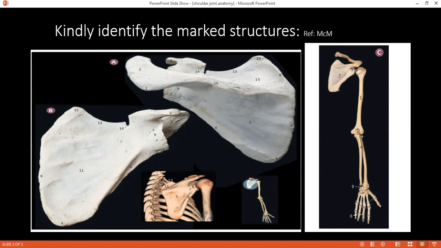Okay, good. Can you tell me what is 2? Two is the acromion. Okay, and 5? 5 is the body of the scapula. 15? 15 is the supraspinous fossa.